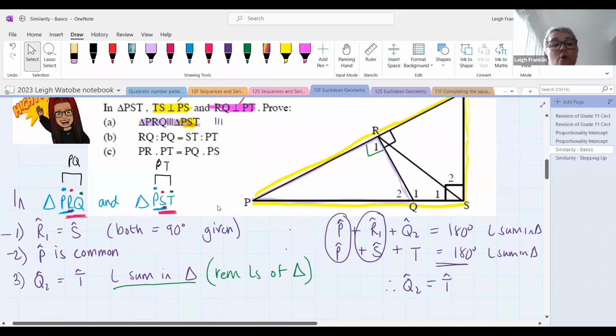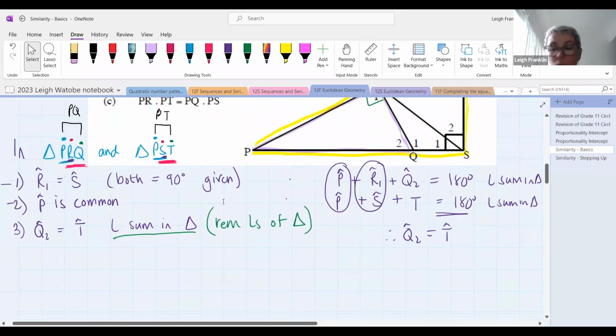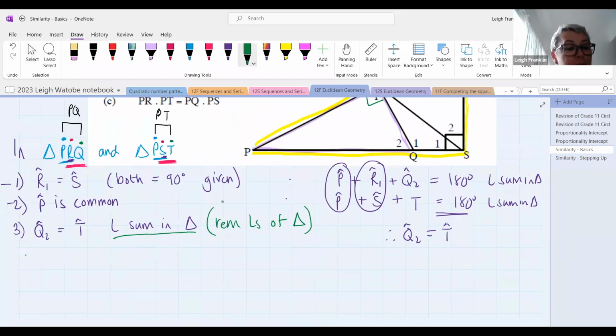You just then have to go and look for the clues and try and figure out why P equals P, or why R equals S, or why Q equals T. Triangle PRQ is similar to triangle PST, and our reason would be angle, angle, angle.